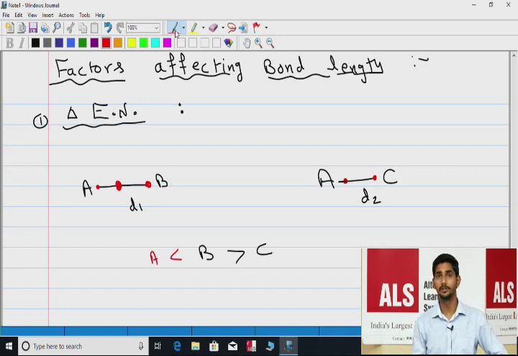I'm repeating the question. Look at the two dots. The two dots are representing the bond length, which is D1 and D2. Look at the screen carefully and tell me which one should have the bigger value, D1 or D2.